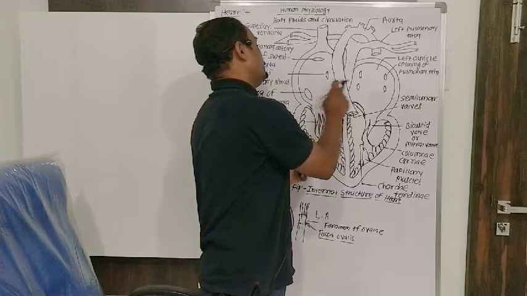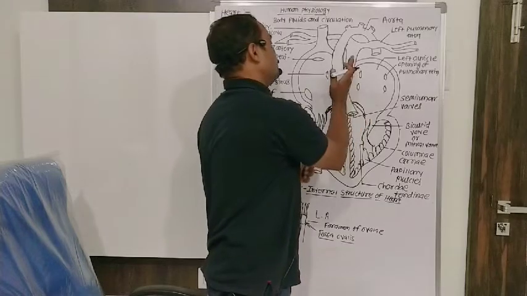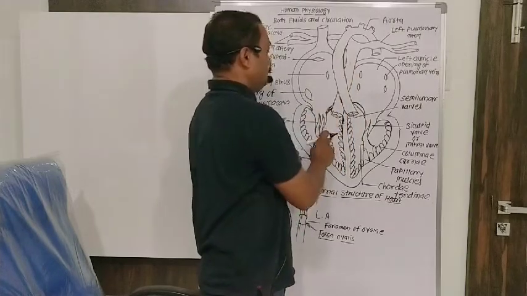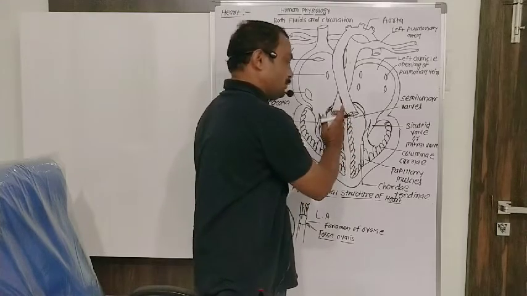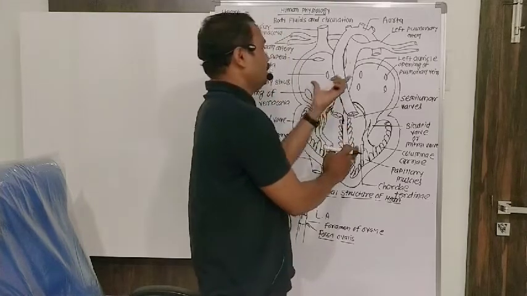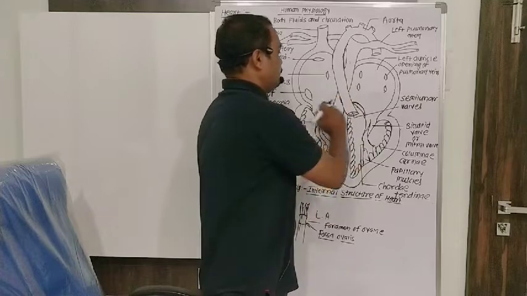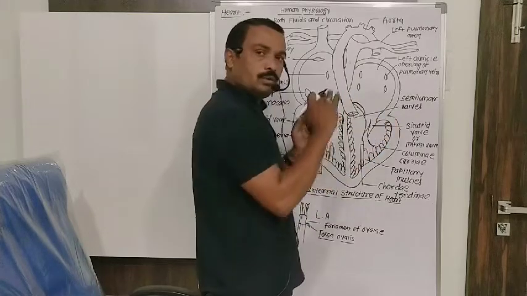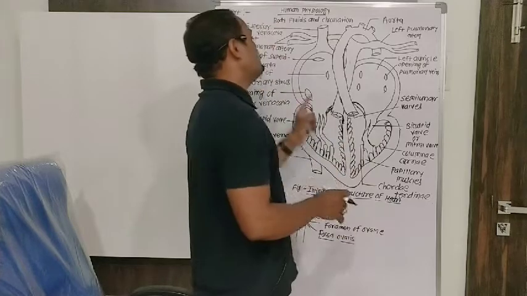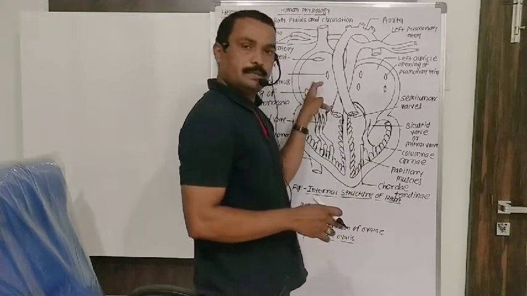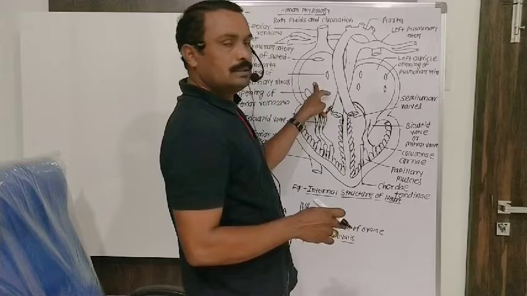This one is the right auricle, this one is the left auricle due to the interauricular septum. This one is the right ventricle, this one is the left ventricle due to the interventricular septum. Auricles and ventricles get separated due to the auriculo-ventricular septum.